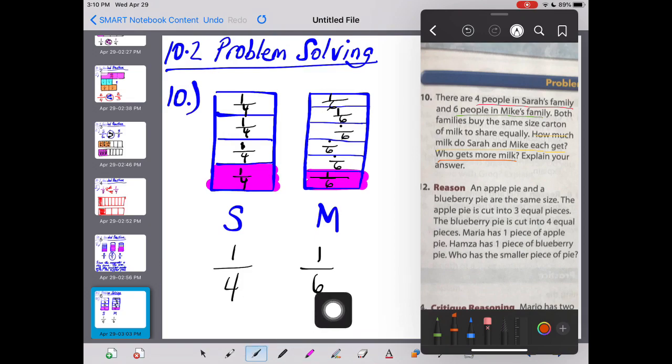So 4 is smaller than 6. So Sarah must get a bigger amount of milk compared to Mike. So I would say 1/4 is greater than 1/6.